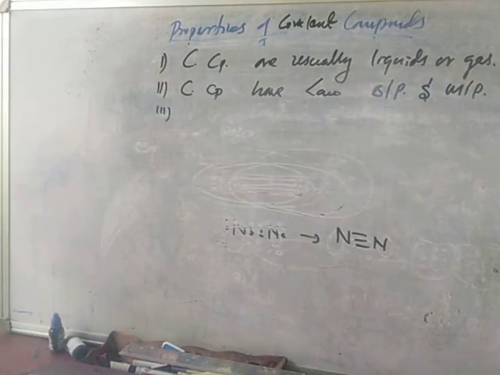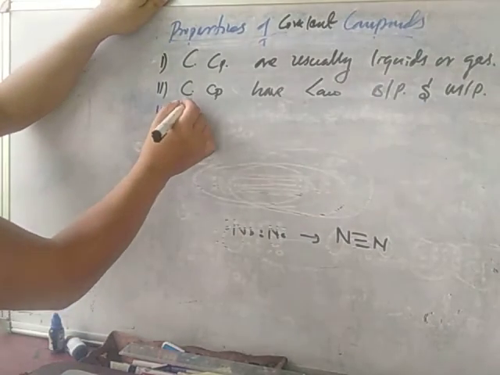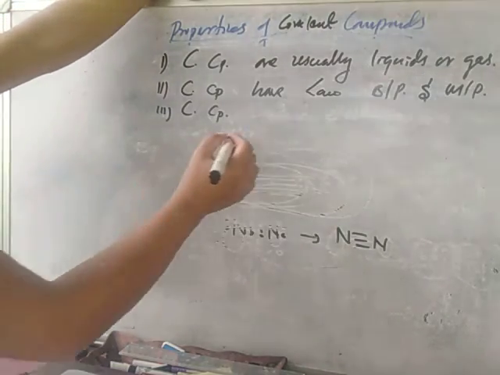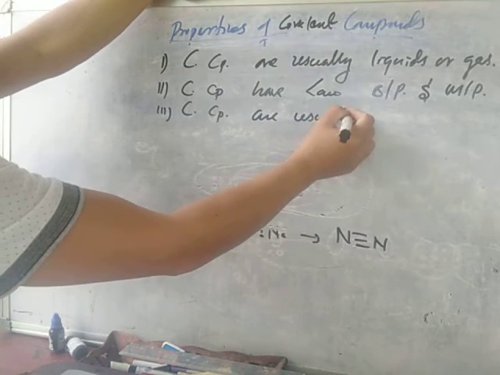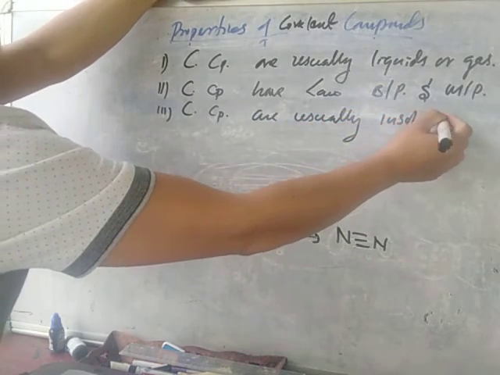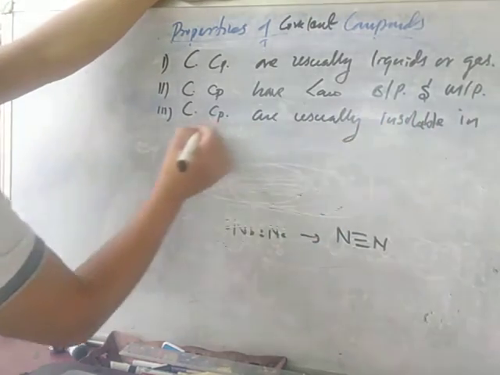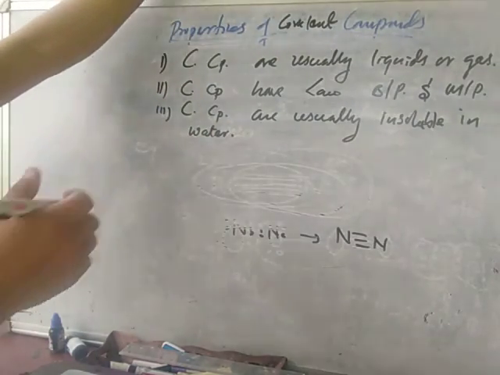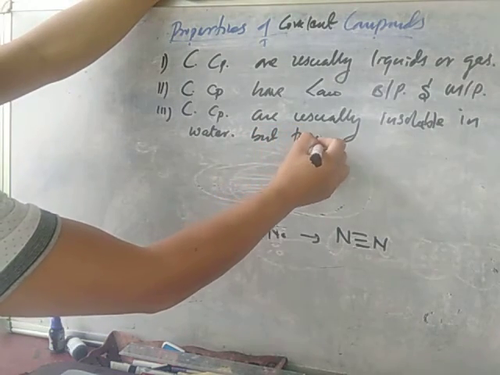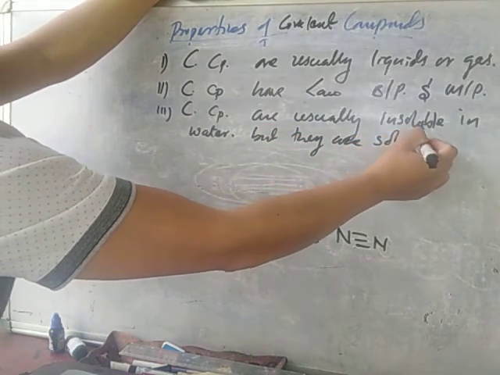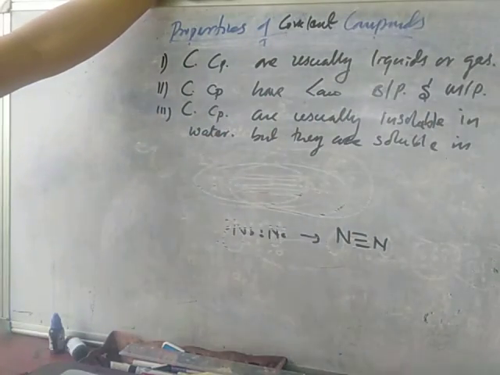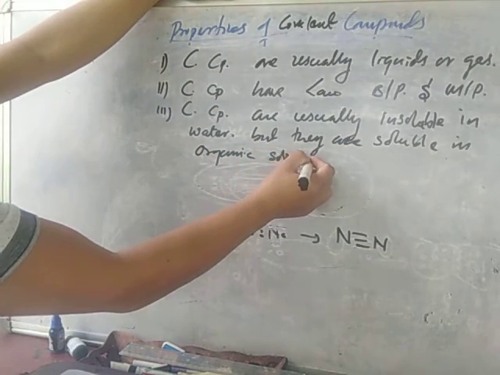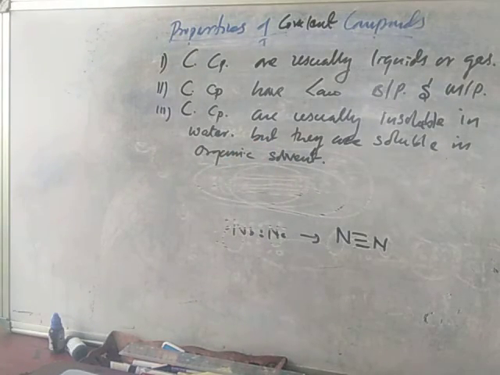Third one, you must write it all: covalent compounds are usually insoluble in water, but they are soluble in organic solvents. Alcohol. Okay, those are organic solvents.